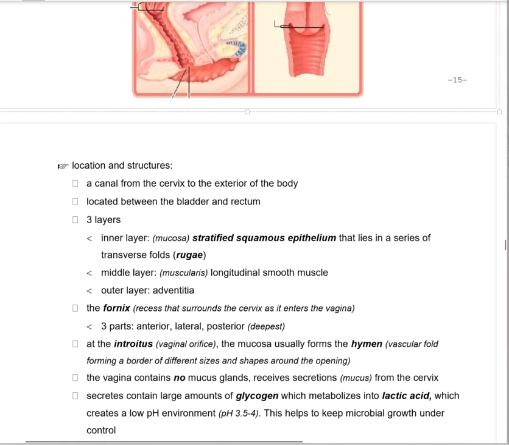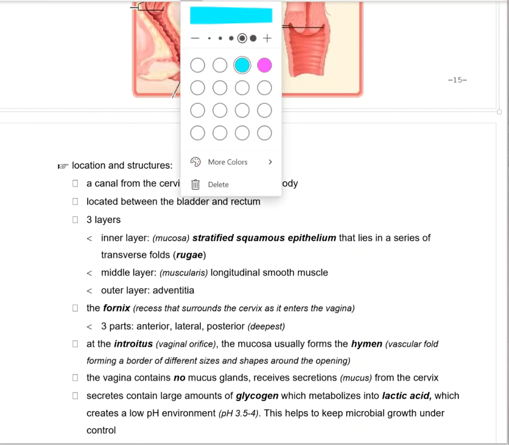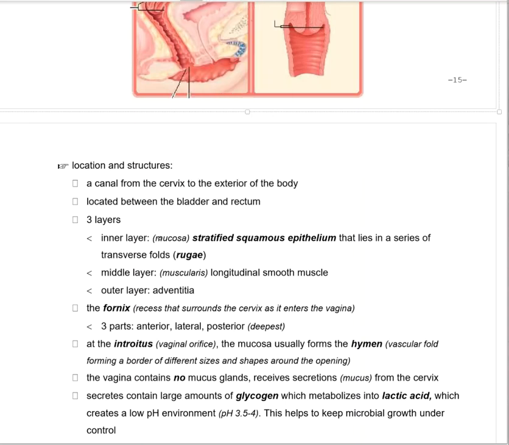So it's a canal from the cervix to the exterior of the body, between the bladder and the rectum. 3 layers. So these layers, the innermost layer, the mucosal layer, is stratified squamous epithelium. And again, that makes sense because this is an area where abrasion can occur during intercourse, and so we want to have epithelium that can slough off and repair itself.